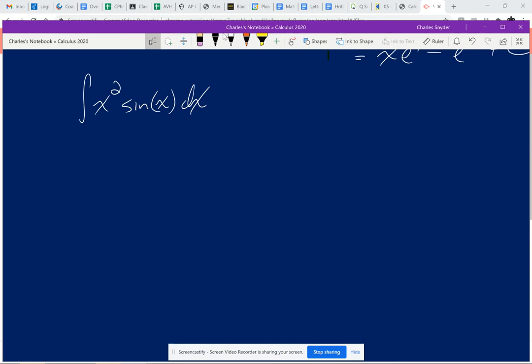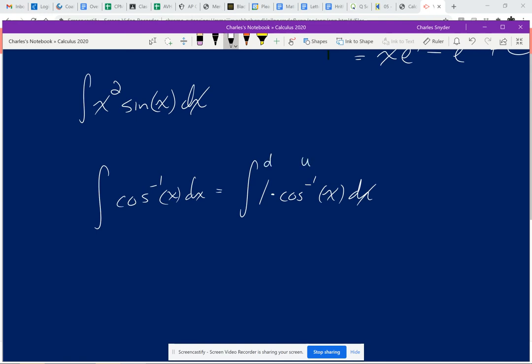A couple more examples that might throw you off. You might see something like the antiderivative of an inverse trig function, and you might be like, what the heck do I do? How would integration by parts apply there? Well, with any function, you could technically say, oh, it's like 1 times cosine inverse of x, and you could call this u, and you could call this dv, and that happens with CPM.